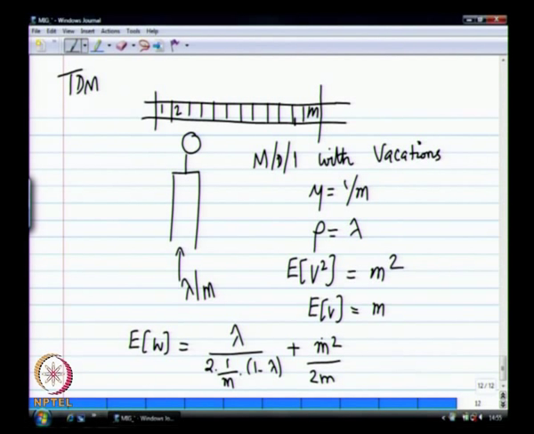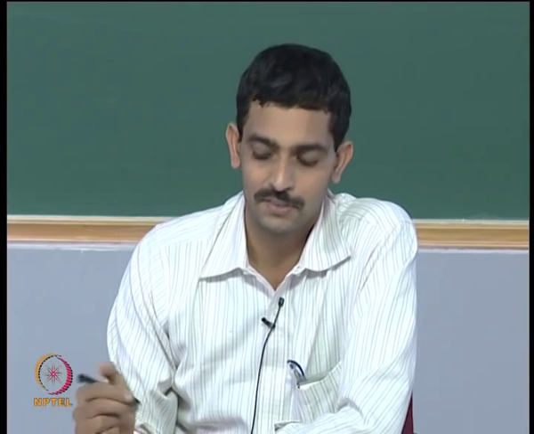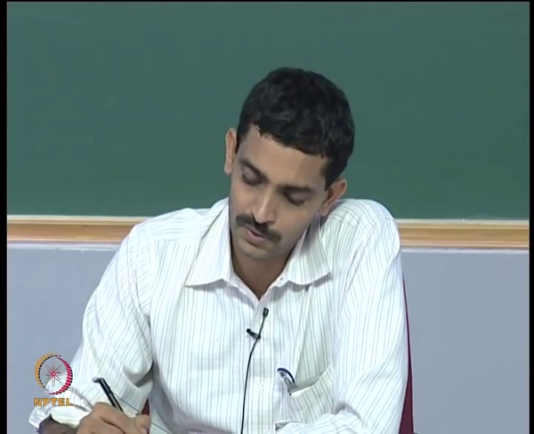So the mean waiting time is higher in the case of TDM, because even if you come to an empty queue, whereas in the case of FDM your channel is always there, your server is always there to serve you. So that difference is what you would see here.